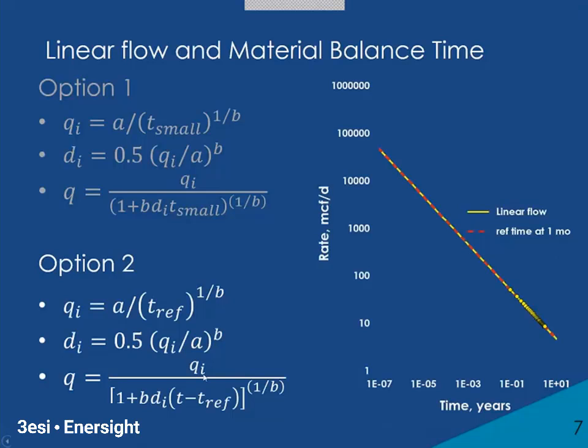So in this bottom hyperbolic equation, I take the time minus the reference time. So if my time is sooner than that reference time, 1 month, then I will have negative time, and my data will project a perfect half-slope linear flow over the whole period of time. So that's the math to go back and forth between linear flow and a hyperbolic equation.